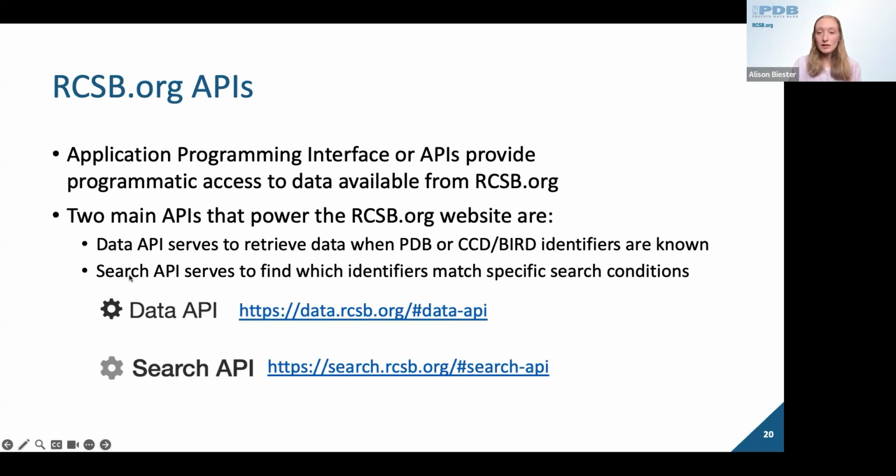The Search API serves to find which identifiers match a specific set of search conditions. When you browse through the rcsb.org website, you may notice these gears next to the text Data API or Search API, and clicking on the gear icon will bring you to the corresponding Data or Search API query.